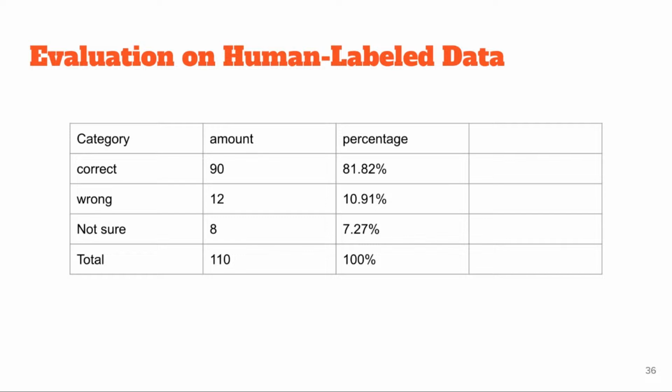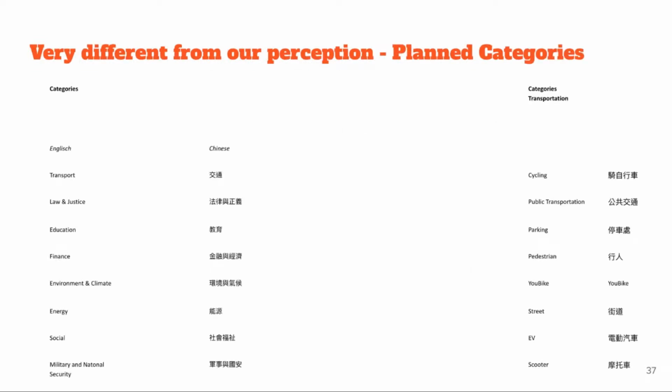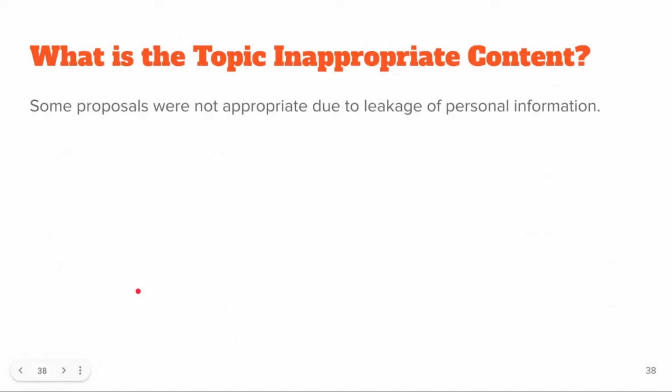So it's to be taken with a grain of salt, but we feel that about 80% of the topics are quite well labeled, 12 are definitely wrongly classified, and for 8 we're not so sure. This is about the topics that we thought in the beginning were inside the text corpus, but in the end, the LLM gave a different topic model.